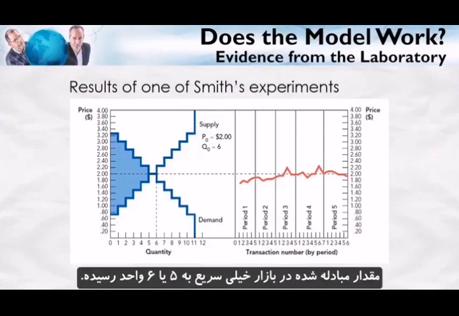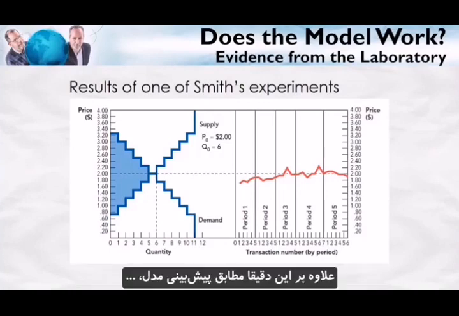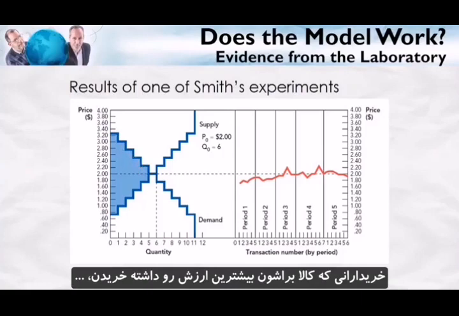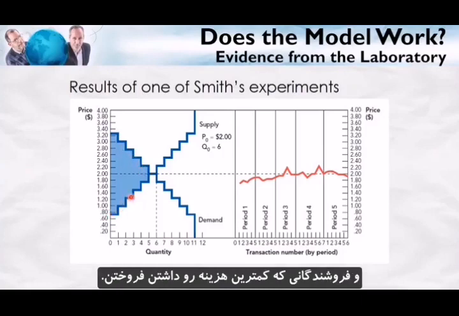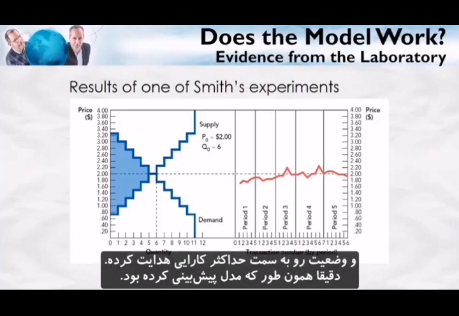The market quantity quickly went to 5 or 6 units. Moreover, exactly as predicted by the model, the buyers with the highest values bought, and the sellers with the lowest costs sold. In short, almost all the gains from trade were exploited, leading to near maximum efficiency, exactly as predicted by the model.